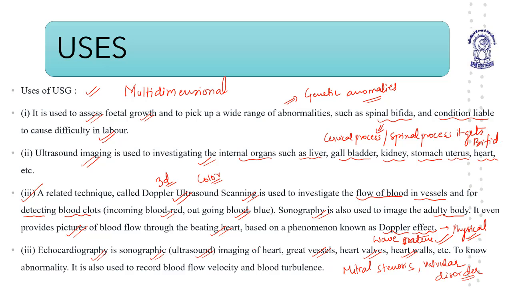It helps to provide the pictures of the heart, great blood vessels, valves of the heart and heart walls, myocardial walls, to know abnormalities. It is also used to record blood flow velocity and blood turbulence, whether the blood flow is streamlined, turbulent or sluggish. Understood? Sluggish means it is not flowing properly.